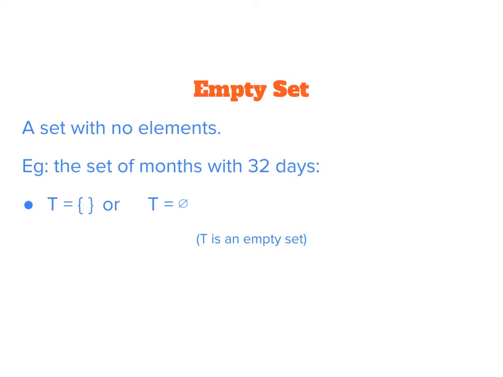All right, the empty set is a set that does not have any elements in it. So, for example, the set of months with 32 days, there are no months with 32 days. So if I had to list them, I wouldn't list anything. It would look like this. You'll also see sometimes this symbol here.